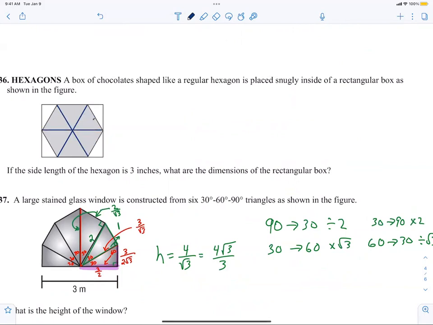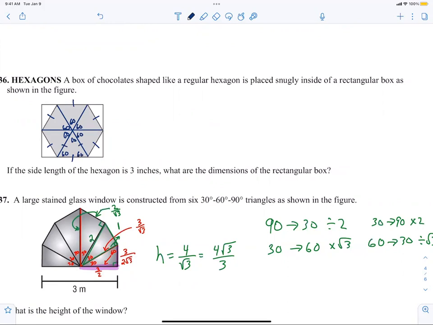If it's a regular hexagon, we know this is 60. And regular means that's equal. So it creates 6 equilateral triangles.